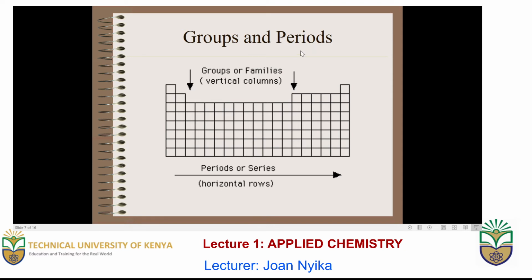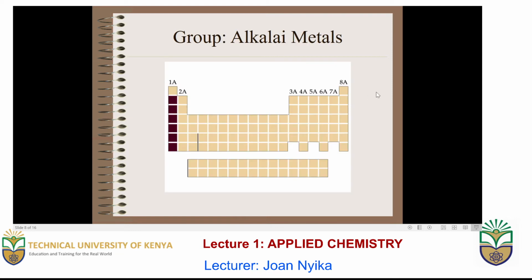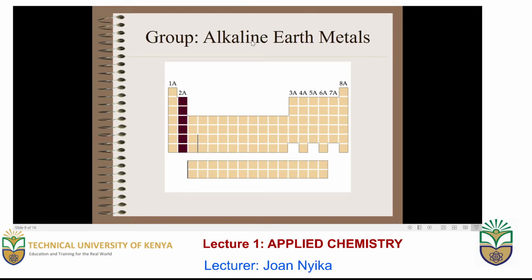Groups are the ones that are vertical running along, while the periods or series are what we run across. Group 1 is what we refer to as the alkali metals. Group 2 are the alkaline earth metals.